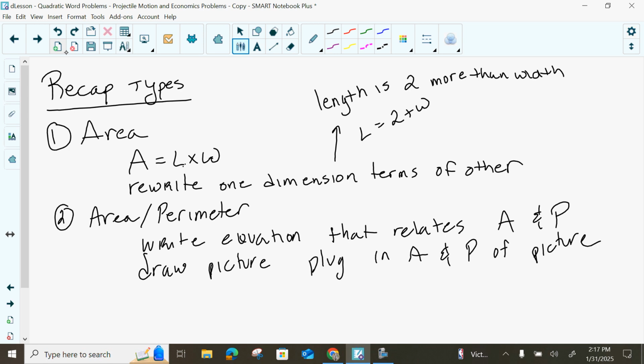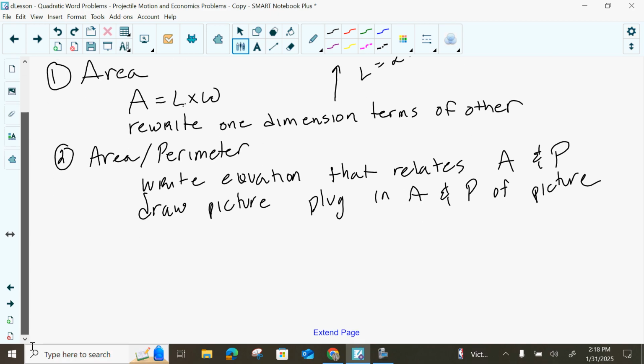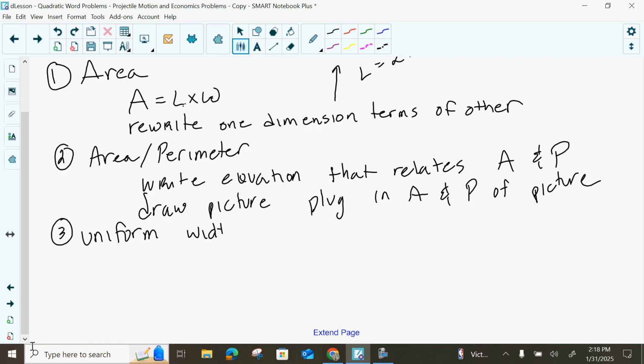So now we've got corner, we've got uniform, we've got 3 sides. Let's talk about uniform width. Uniform width is when you have a border in your problem.